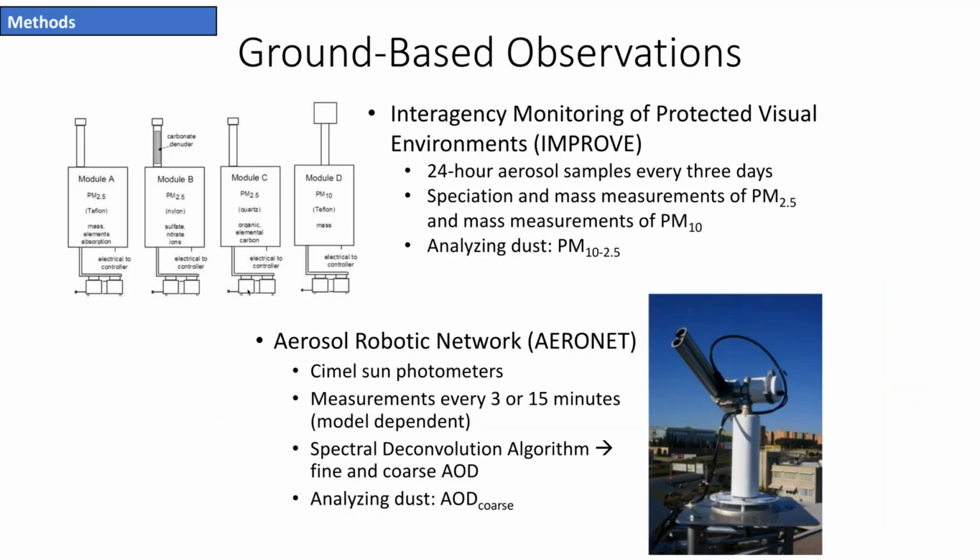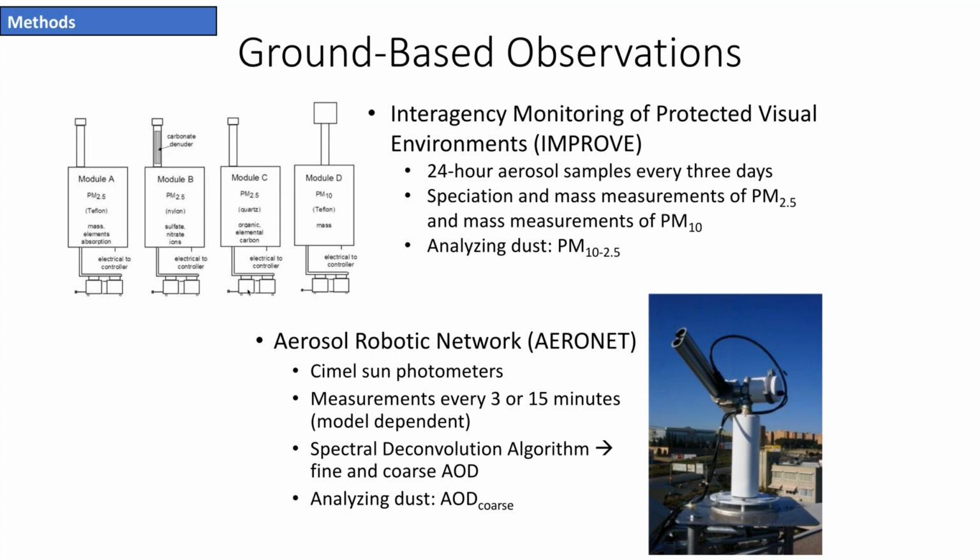To investigate this, I used a couple of ground-based observation networks. The first would be IMPROVE, which provides 24-hour aerosol samples every 3 days. To analyze dust there, I focused specifically on the PM10 minus PM 2.5 product, or the coarse mode aerosol product. The second network was the AERONET network, which deploys CIMEL sun photometers, providing measurements every 3 or 15 minutes of aerosol optical depth.